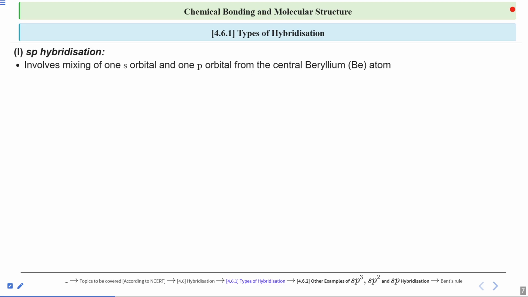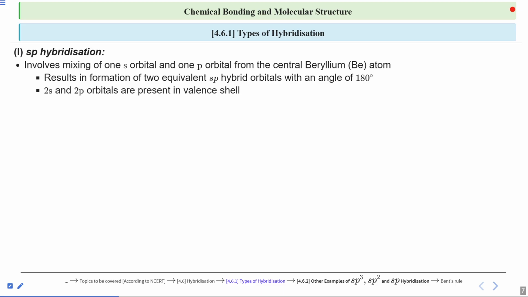The beryllium will undergo hybridization here, and as a result there will be formation of two equivalent sp hybrid orbitals, which will be at an angle of 180 degrees. Because two orbitals were involved in hybridization, two will be formed.